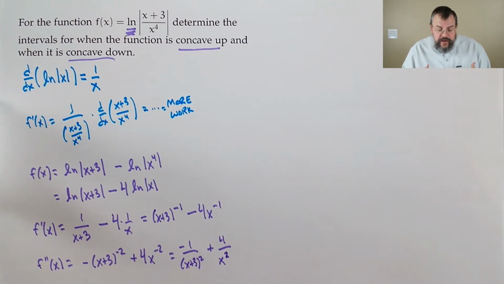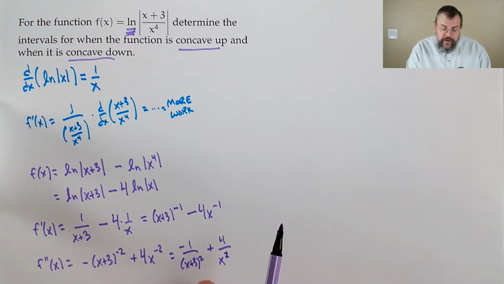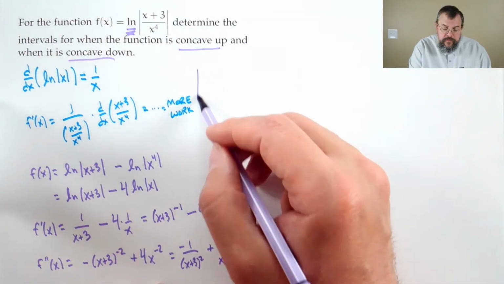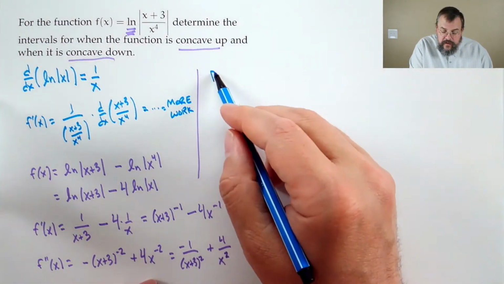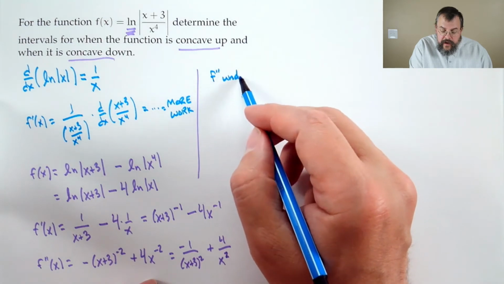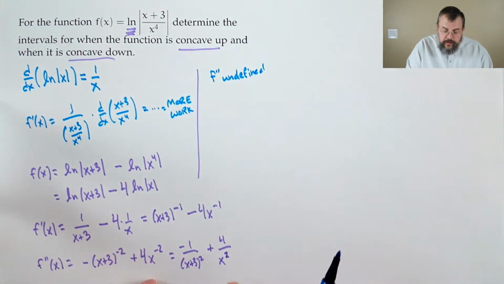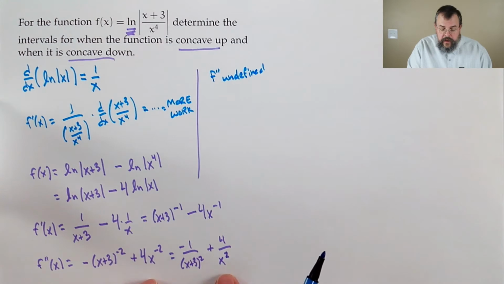We want to understand things such as when it is undefined and when it is 0. Undefined is not so bad because we can see we have some fractions. Let me switch colors really quickly. You can say our second derivative is undefined at -3 and at 0.